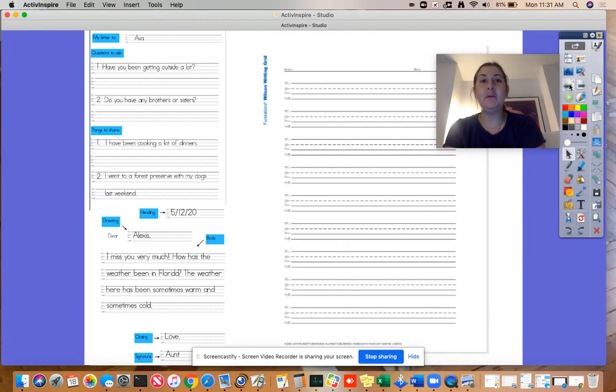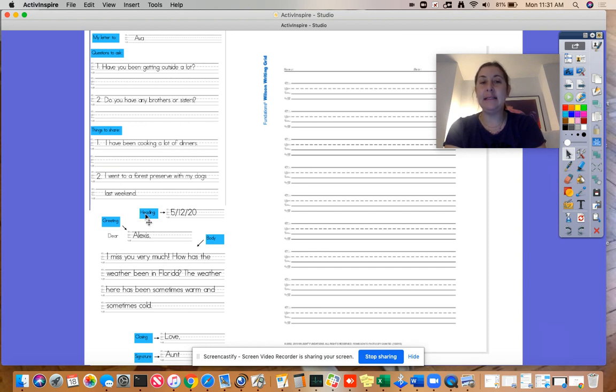All right. So you'll see on my screen here, I have three different things. In this corner, this is the planning sheet that I wrote with you last week. I gave the example of writing a letter to Ava. I wrote down my 2 sample questions for her and 2 things that I could share with her. And then below that, this is the first letter that I wrote. This was the letter that I wrote to my niece.